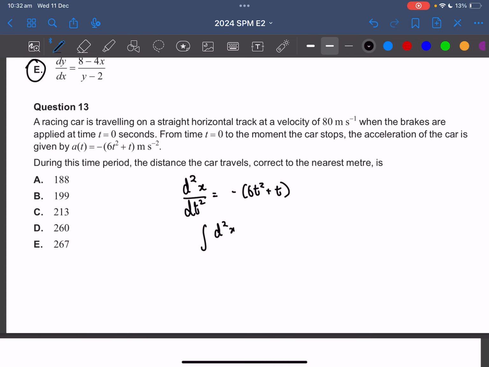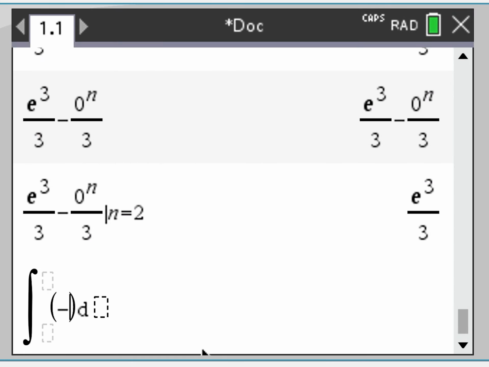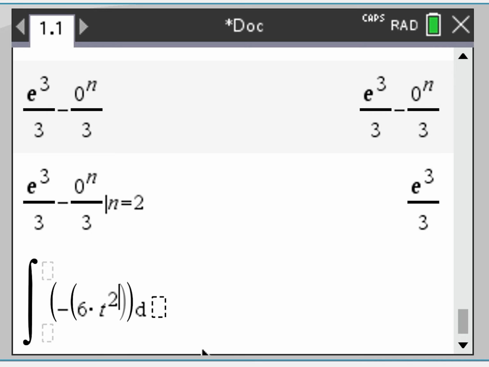So d²x on dt², okay, dt. If I were to integrate this, let's do this on our calculator. So menu 4 3, minus 6 times t squared plus t dt, okay.